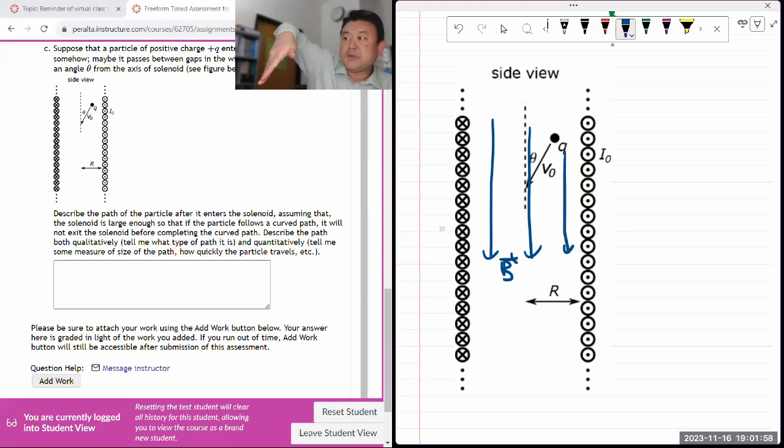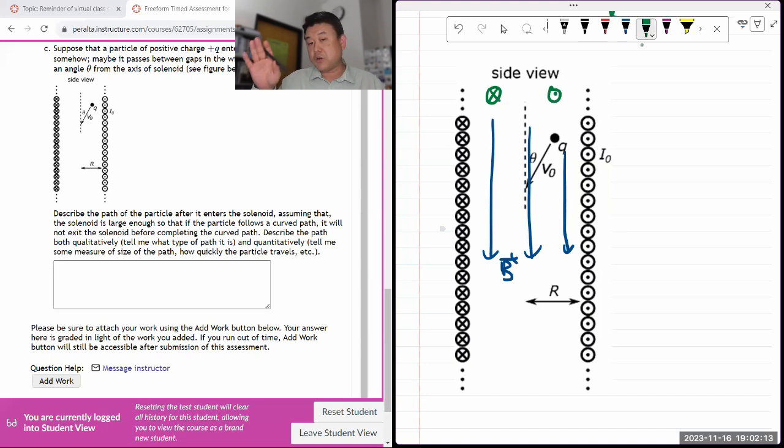By the way, because both V and B are in the plane, the force will be perpendicular to the plane. You are really only choosing between is the force perpendicular going into the screen or coming out of the screen. That's all you are choosing. And when you do right hand rule, V cross B, the thumb is pointed out of the screen.